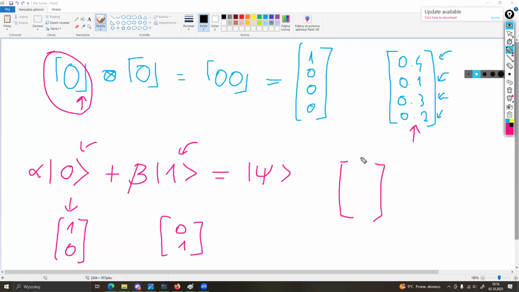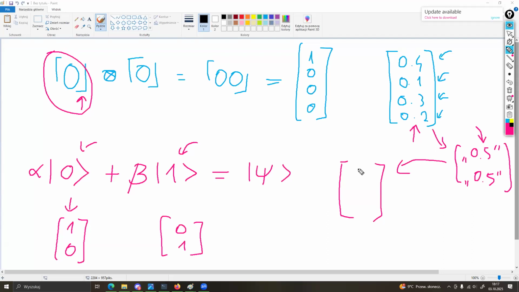So for example, here we could say that if we wanted to express 0.5 and 0.5, this had to be squared to actually be 0.5 probability.